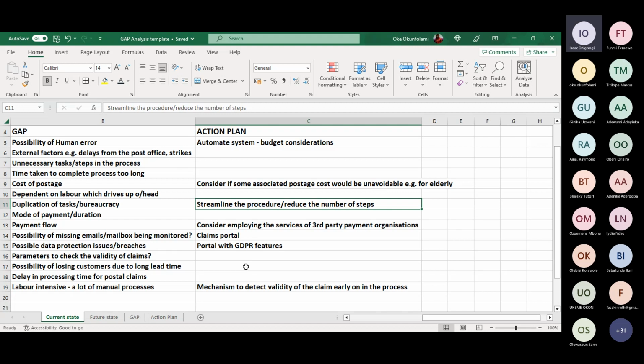Okay, all right, fine. So I was just looking, why are we limiting the way to make claim to 2? Just the email and the postal services. Why can't we incorporate phone calls, social media like Twitter and the likes?